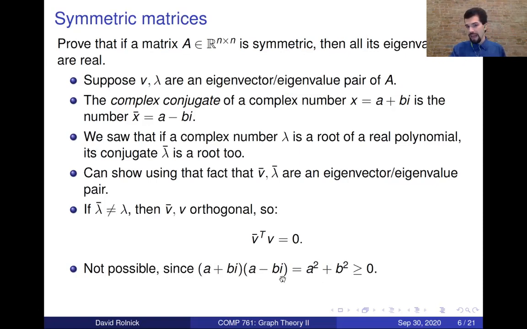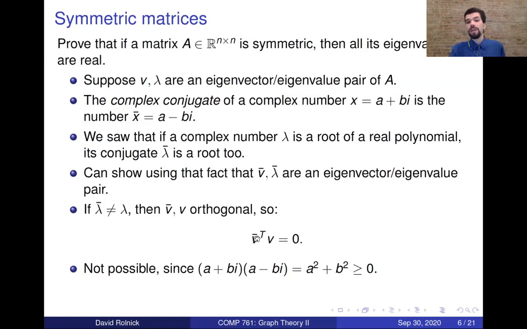That's by canceling terms and using the fact that i squared is equal to -1. I have a squared minus abi plus abi minus b squared i squared, and minus b squared i squared is just equal to plus b squared. So the product of a complex number and its conjugate is always non-negative, because the sum of two squares of real numbers is always non-negative.